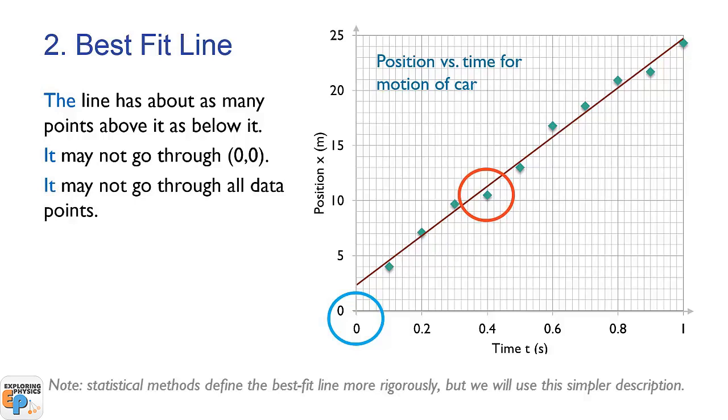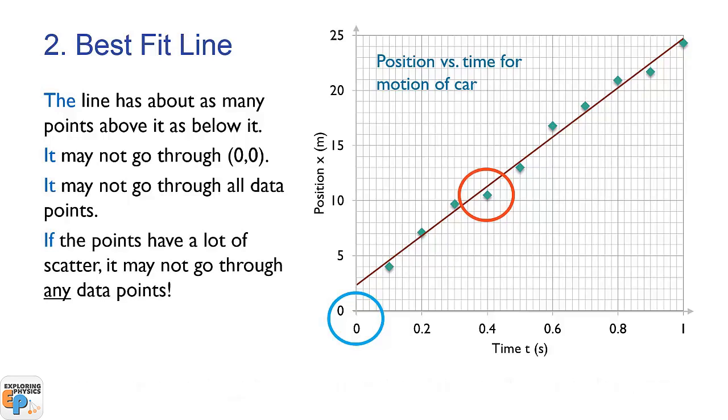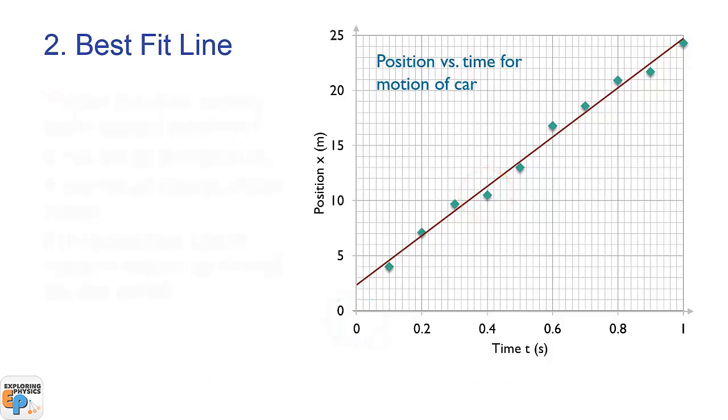In fact, if there is a lot of scatter, it may not go through any of the data points. Yet this best fit line is the best description of this data because it averages or smooths all the irregularities that came from the data collection process. The best fit line then is a way to average or smooth the data.